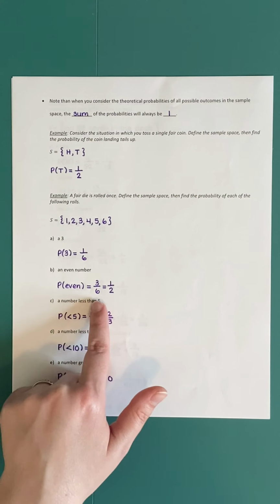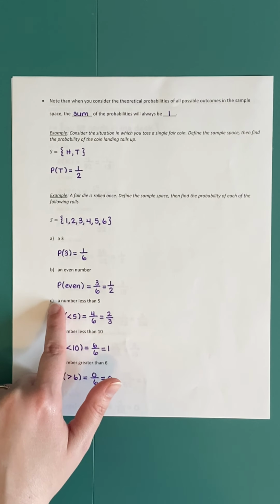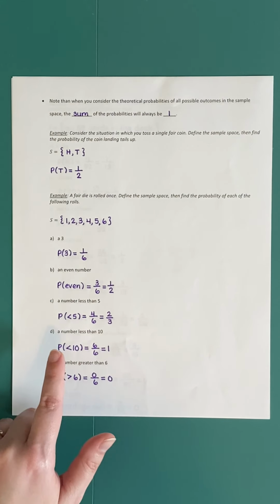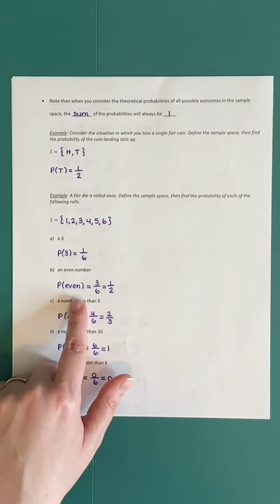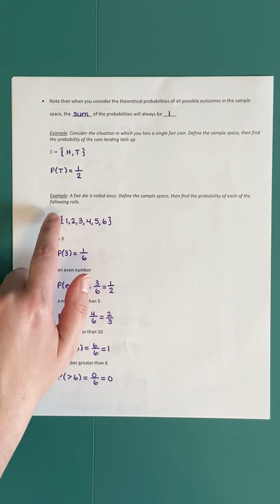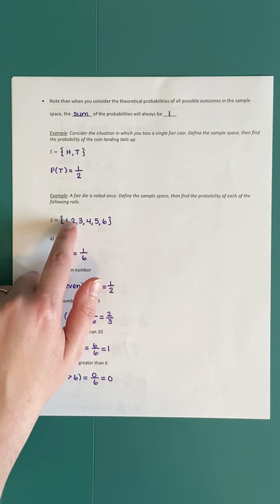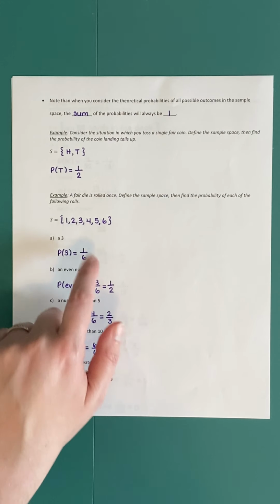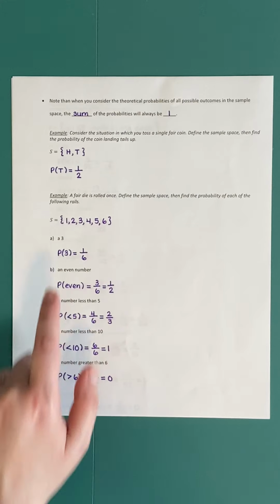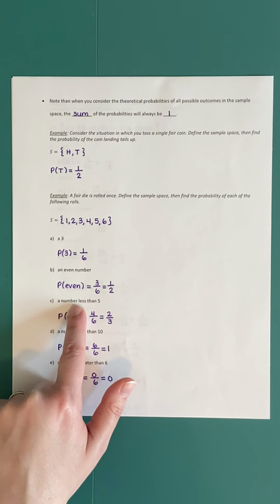How many ways are there to get this particular outcome? In other words, how many outcomes are there in the event of rolling a number less than 5? Well, less than 5 means we rolled a 1, a 2, a 3, or a 4. So there are 4 different ways to roll a number that's less than 5.